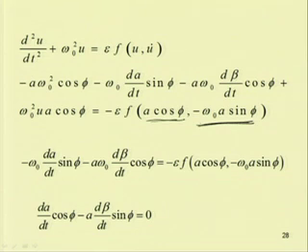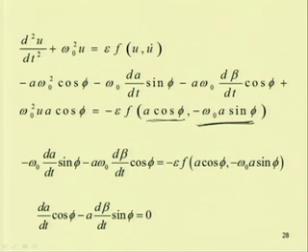Now taking this equation, we can write it by separating the coefficients of cos and sin. From this we have two equations.